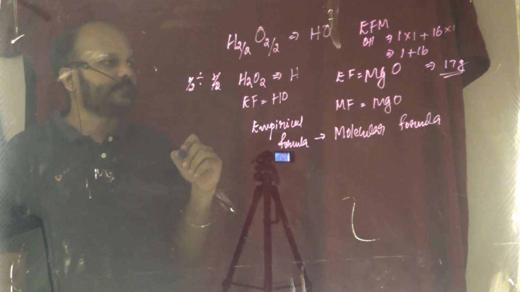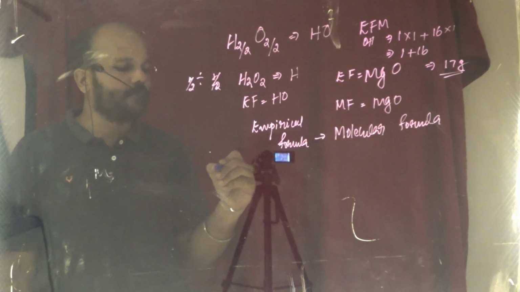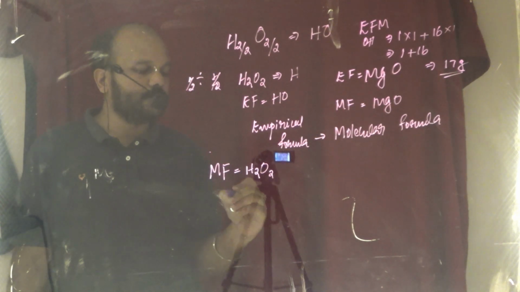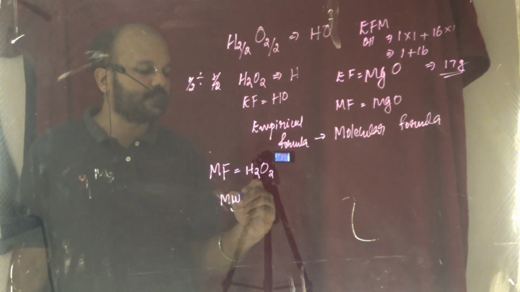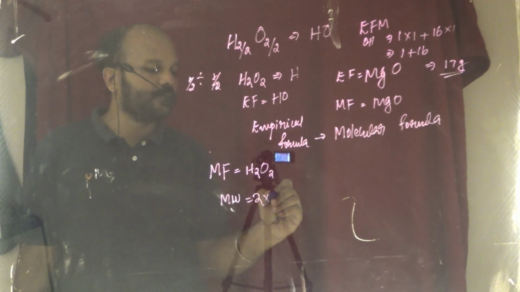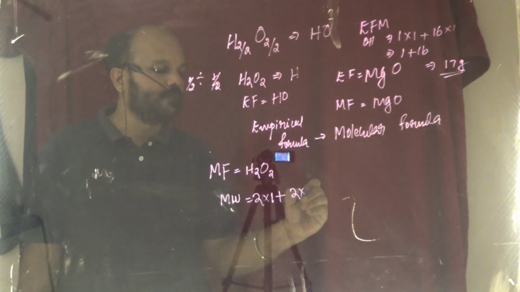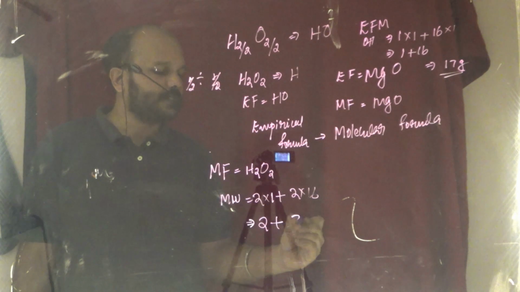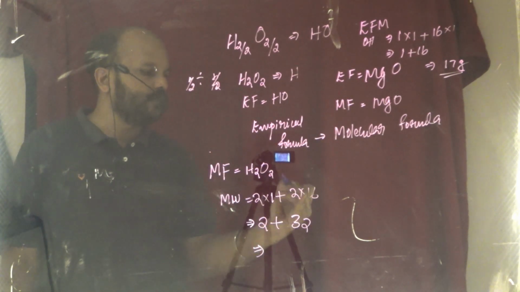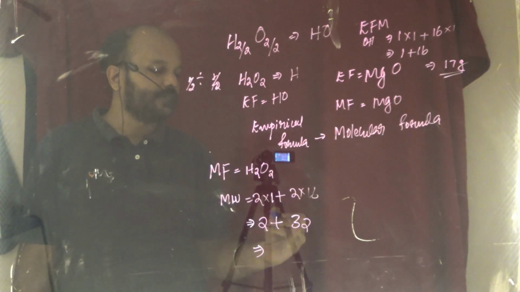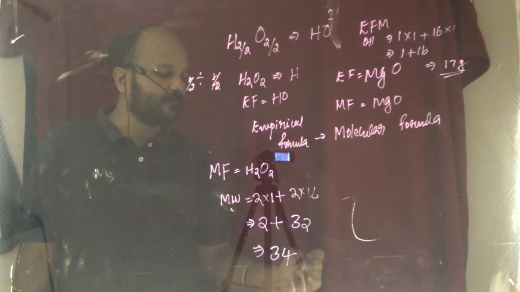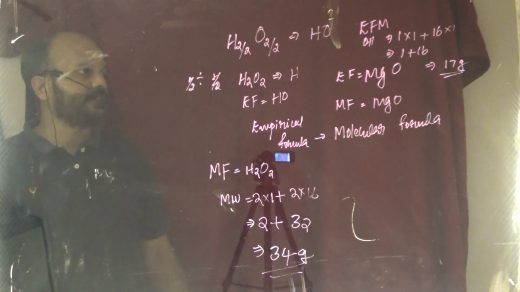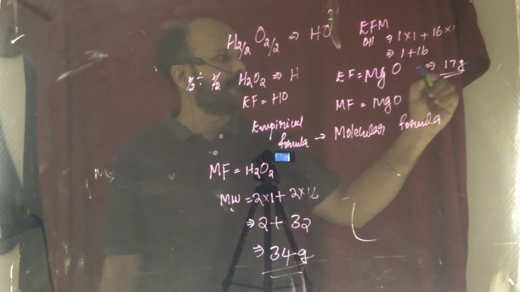The molecular formula is H2O2, so its molecular weight is 2 into 1 plus 2 into 16, which is 2 plus 32, so 34 gram. Its molecular weight is 34 gram, and the empirical formula mass is 17 gram.